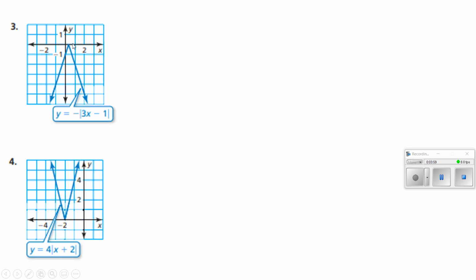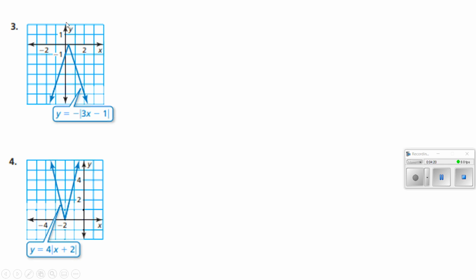As far as negative goes, we've got to see what the slope is over here. The slope is 3, so that means we're going up 3 and over 1.